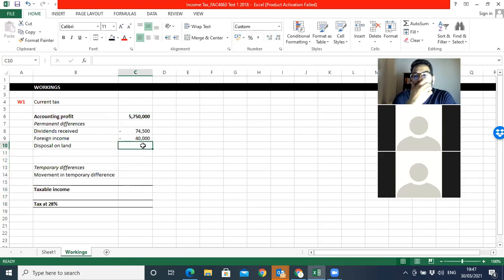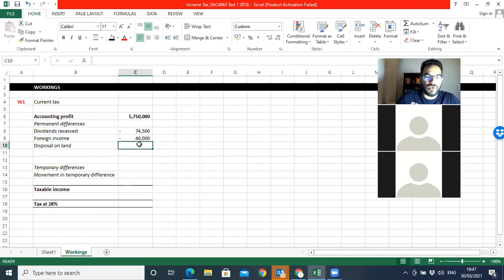Then the disposal on land. Okay, included in other income or included in accounting profit is a disposal of land of 350,000 Rand. From a SARS perspective, they're only going to include 80,000 Rand. So accounting has 100, SARS only 80. So how are we going to get from 100 to 80? We need to reduce by 20%.